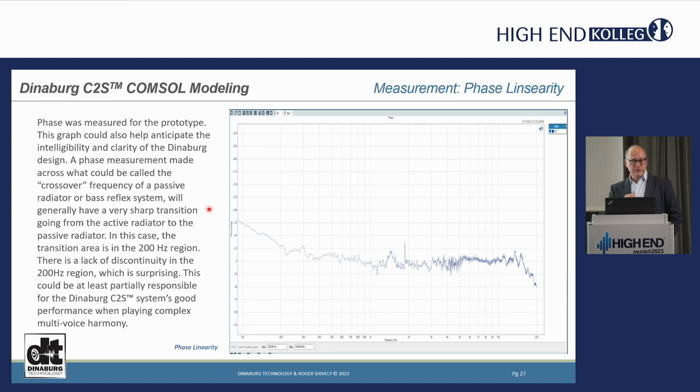It was measured, and if you look at what was typically called the crossover point, around 200 hertz in this type of device, I'm pointing to it right there, there's a lack of the normal discontinuity that you get when you have a passive radiator.